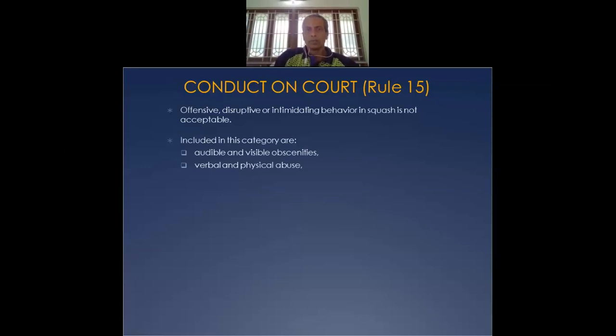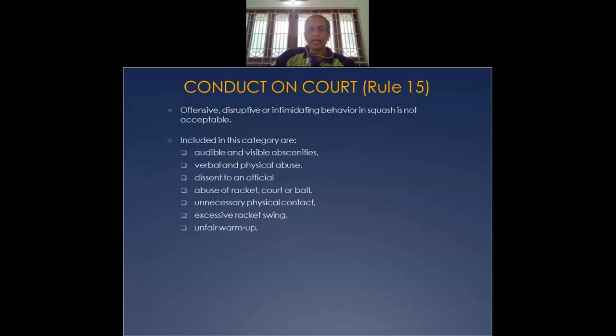So the various misconducts are: audible or visible obscenities, verbal and physical abuse, dissent to an official, abuse of racket, unnecessary physical contact, excessive racket swing, unfair warm up, delay of game, deliberate or dangerous play or action, and receiving coaching during play.